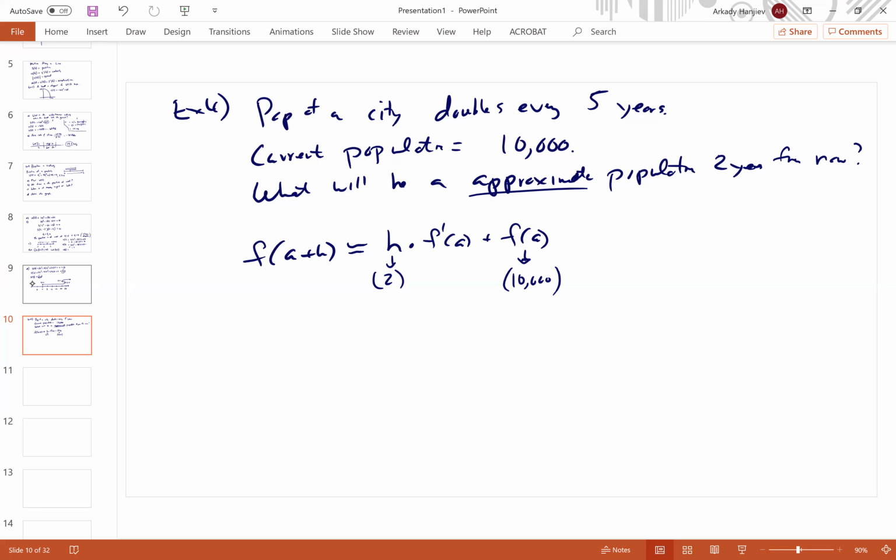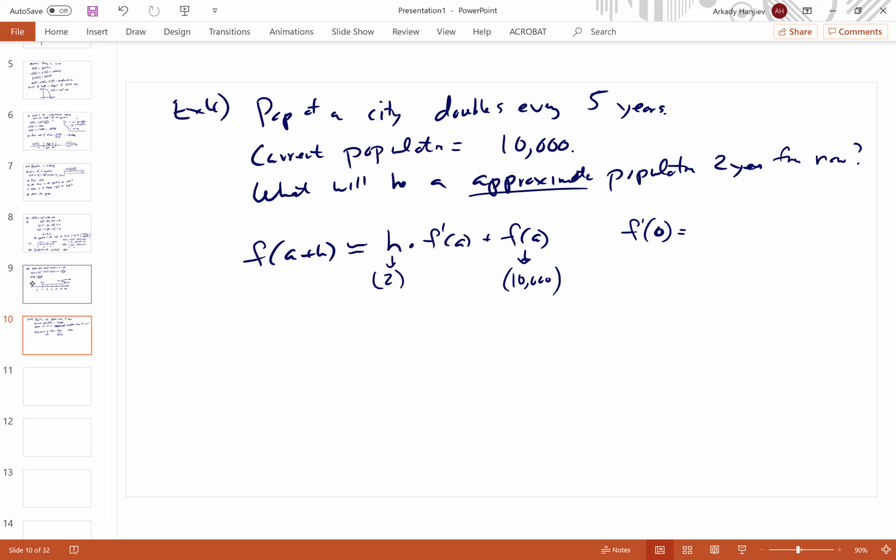Yeah. Okay, our little issue is we don't know what f prime of a is. And so we just know it doubles every 5 years. So how about this? We're going to go with this right here. So f of a value is technically 0, is that right?